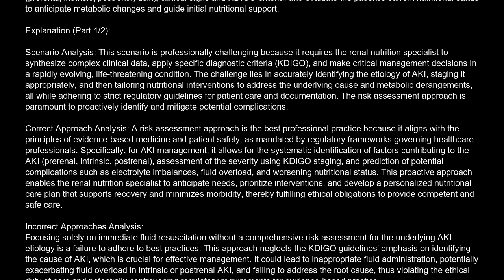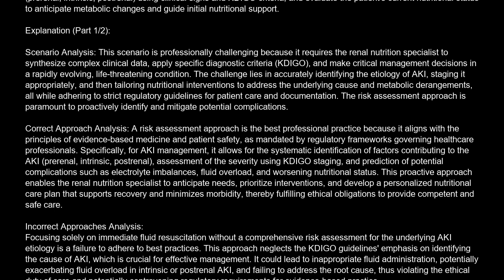Correct approach analysis. A risk assessment approach is the best professional practice because it aligns with the principles of evidence-based medicine and patient safety, as mandated by regulatory frameworks governing healthcare professionals. Specifically, for AKI management, it allows for the systematic identification of factors contributing to the AKI, pre-renal, intrinsic, post-renal, assessment of the severity using KDIGO staging, and prediction of potential complications such as electrolyte imbalances, fluid overload, and worsening nutritional status.